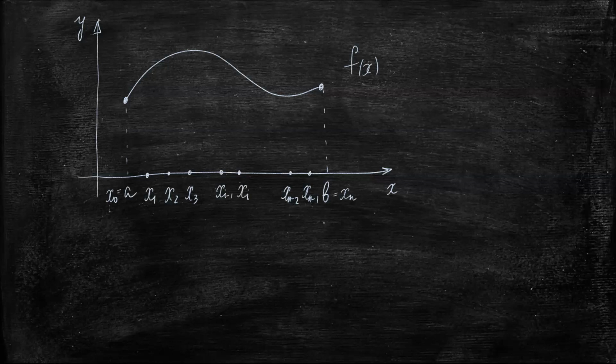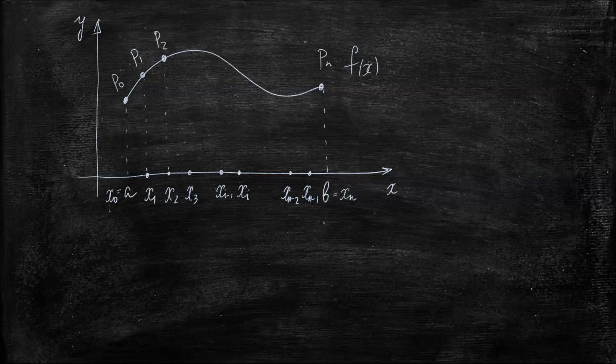And this partition, or any such partition, will create points on the curve. So let's label these points as P0, P1, P2.